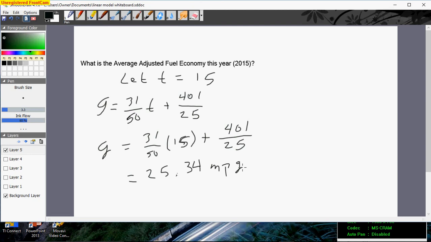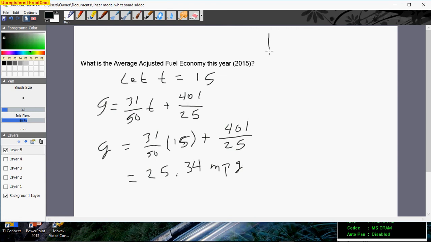But it's still pretty cool that our linear model was able to predict right around where the miles per gallon actually is. And also in that Chicago Tribune article, it talked about the goal for adjusted fuel economy. So they said the goal for 2025 was going to be about 54 miles per gallon, which is a huge leap by 2025.